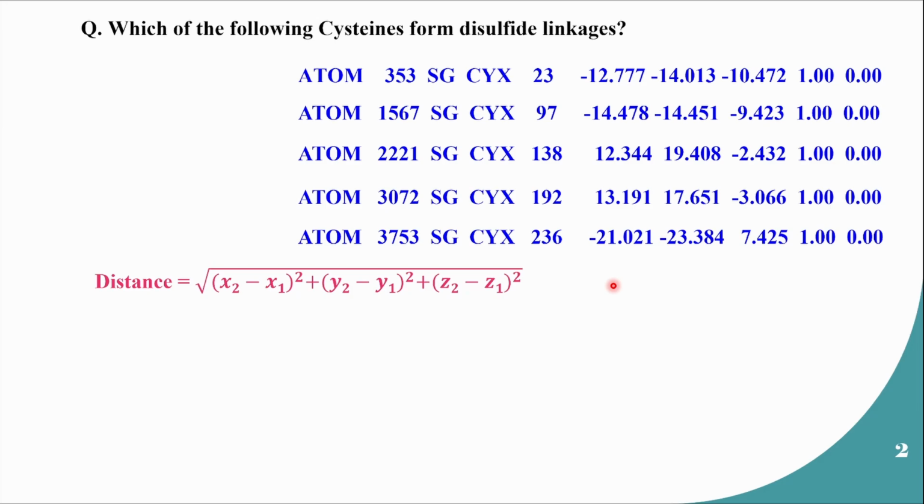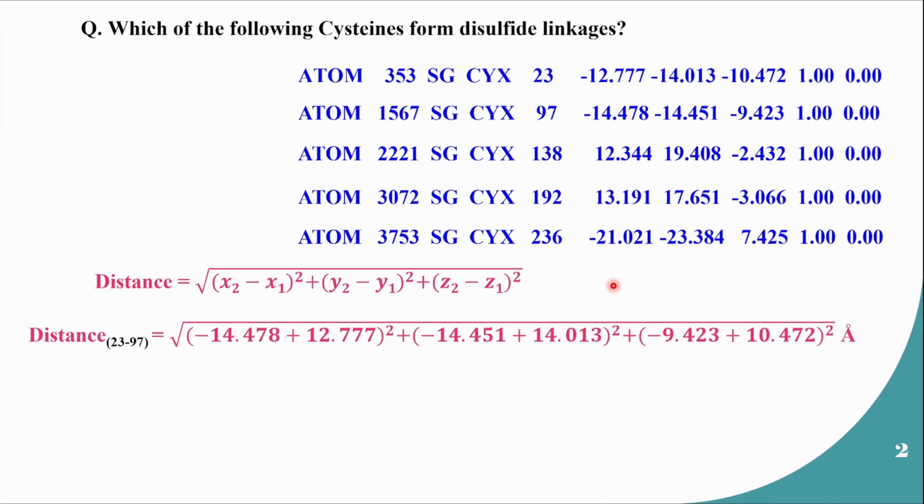For example, if we take the distance between 23 and 97, you will notice that if you put in all the values, like minus 14.47 plus 12.77, and do the square of that, do that for all of the x's, y's, and z's, and then take a square root, ultimately you get something like 2.046 angstrom.